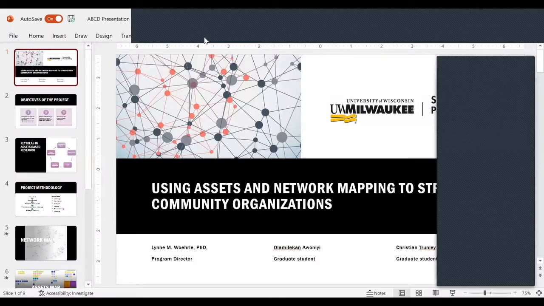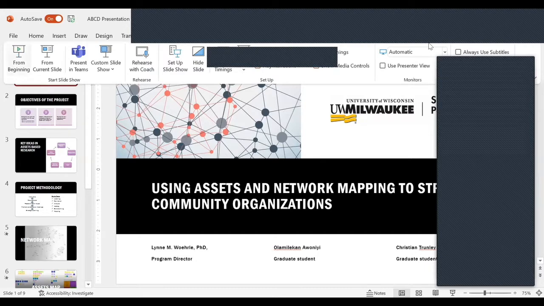But first, we have the benefit of hearing from Professor Lynn Worley and her colleagues from, as I said, the University of Wisconsin-Milwaukee, on using assets and network mapping to strengthen community organizations. And we will hold our thoughts from our opening group and share them as relevant after we hear from Lynn and her students.